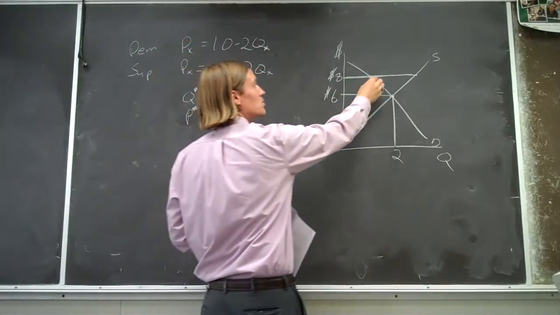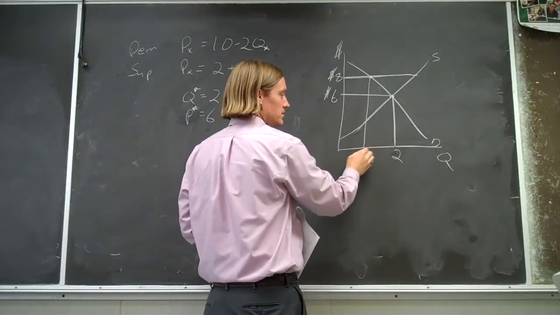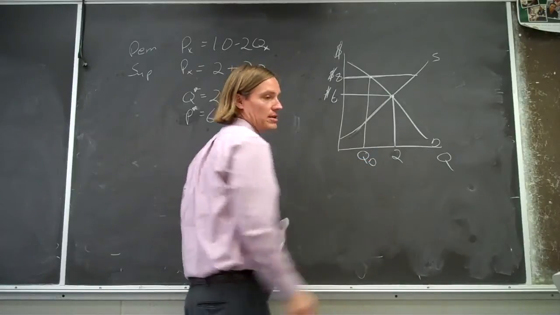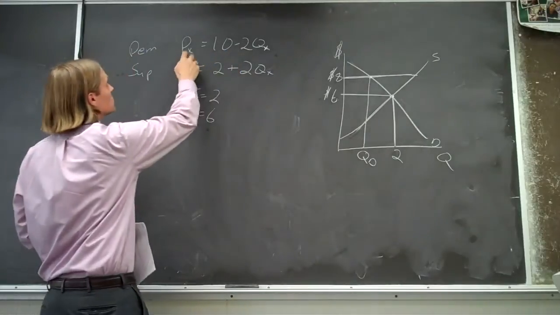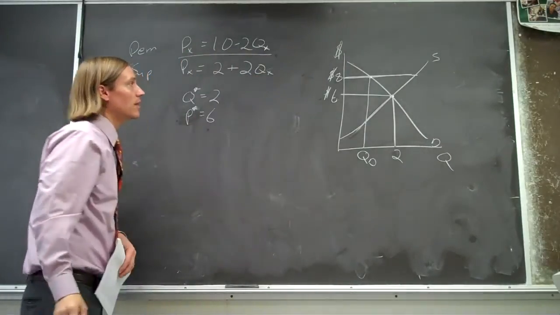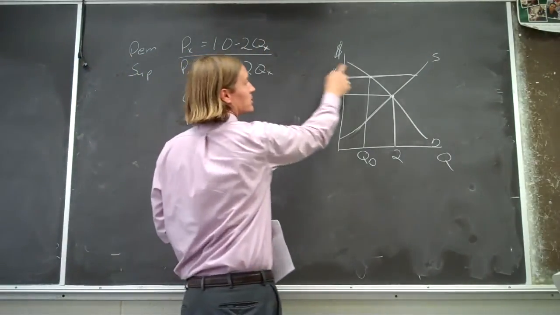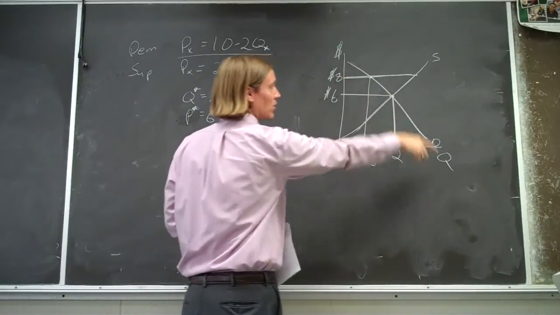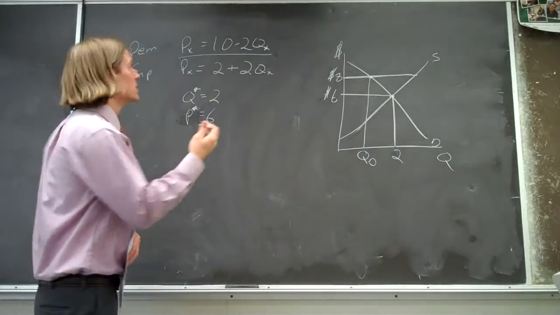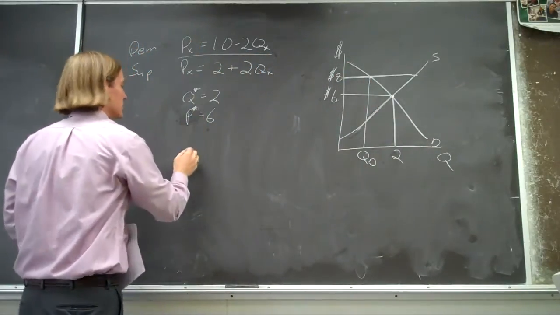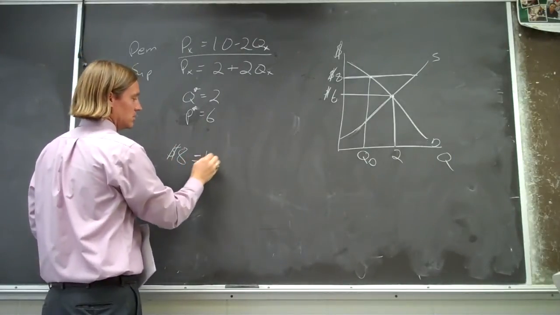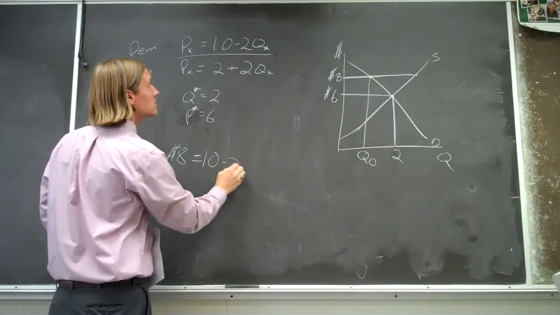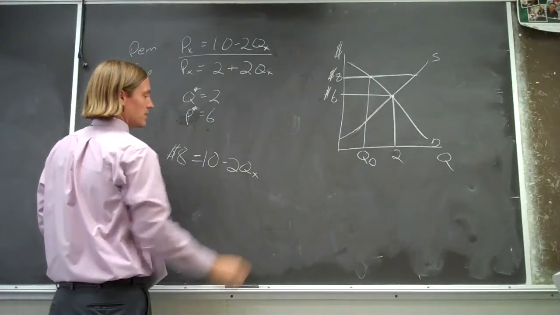How do we know what quantity this is? Our new quantity demanded? Well, we can plug our $8 back into our demand function. Again, this demand function represents this demand curve. So if you plug $8 in, we have $8 is equal to 10 minus 2qx.